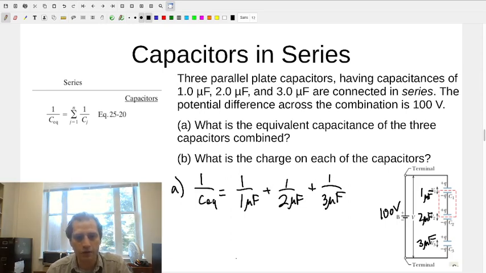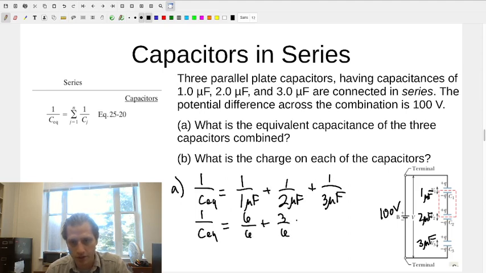That would give you your C equivalent. On the other hand, if you wanted to work it all out, that would be 6 over 6 plus 3 over 6 plus 2 over 6, which equals 11 over 6 microfarads, so your equivalent capacitance is 6 over 11 microfarads.